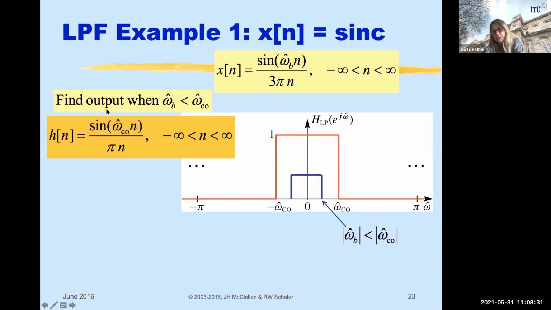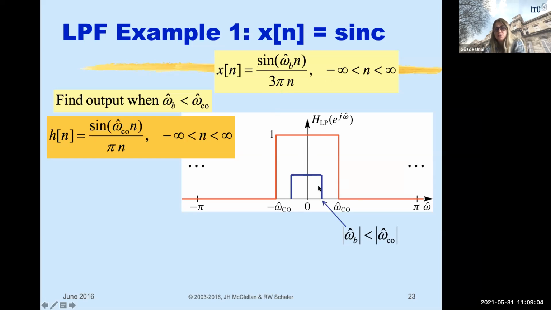The ideal low pass filter is a sinc with the cutoff frequency omega hat CO, and the sinc input, in frequency domain, you see, is again a rectangular pulse with omega hat B bandwidth. Okay, with 1/3 magnitude, that's why it's here. This is 1 magnitude, this filter, ideal low pass filter. The input signal is 1/3 sinc in time domain, rectangle in here.